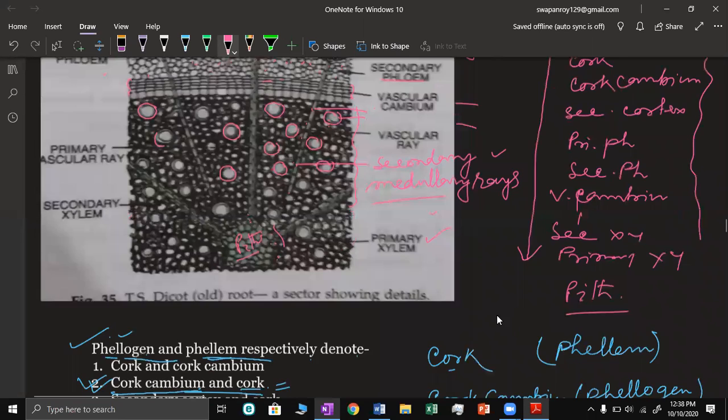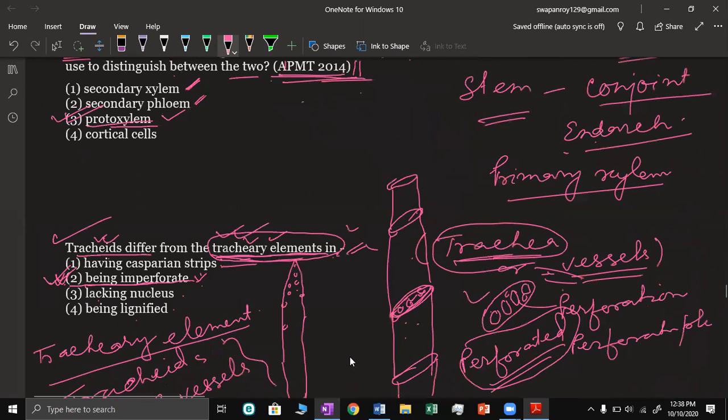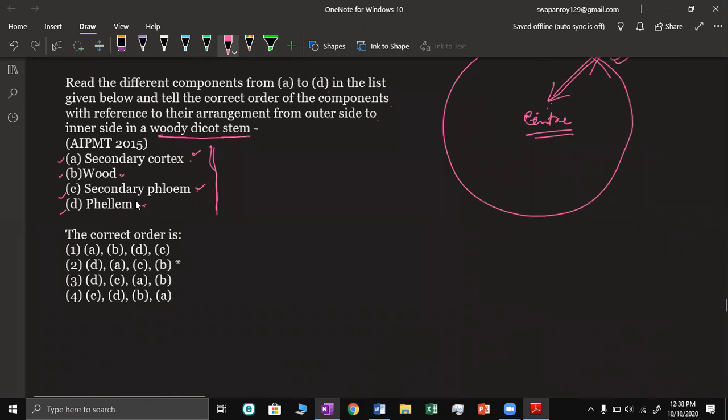So that's why our answer will be, see here, first on the outside, out of these four, first will be phellem.